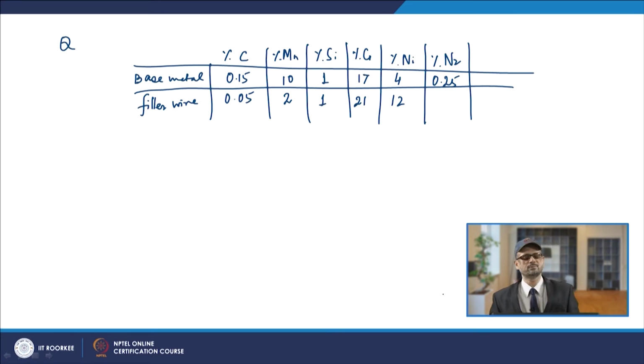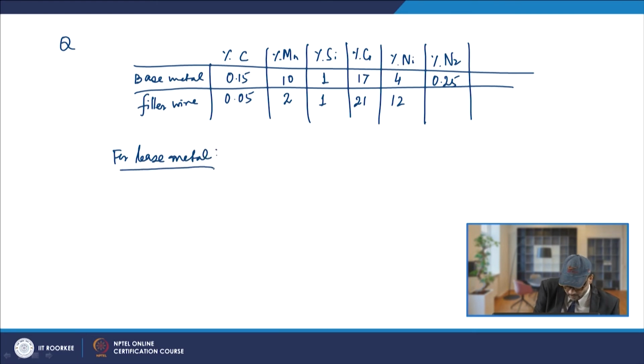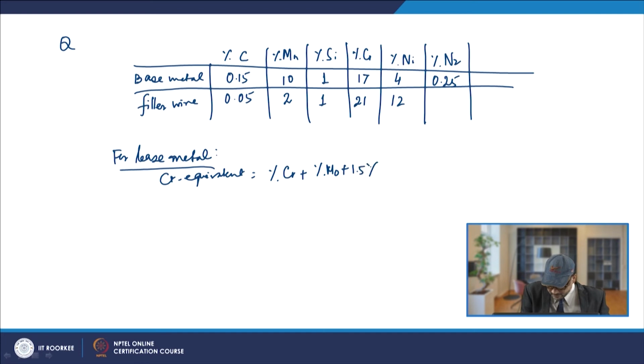So, we find them for base metal and for the filler wire also. For base metal, the chrome equivalent, as you know, is percentage chromium plus percentage molybdenum plus 1.5 percentage silicon plus 0.5 percentage columbium.